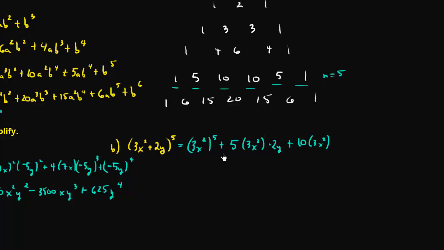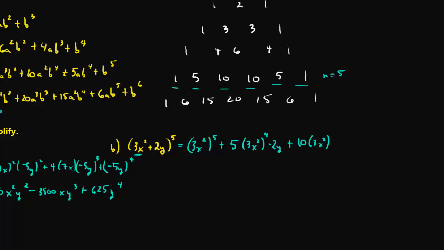Because the next term is just going to have a power one less than the previous term's power of this term. So this would be 3x squared to the power of 4. And then in the next term, we would have plus 10, where we got that coefficient from this entry in Pascal's triangle.